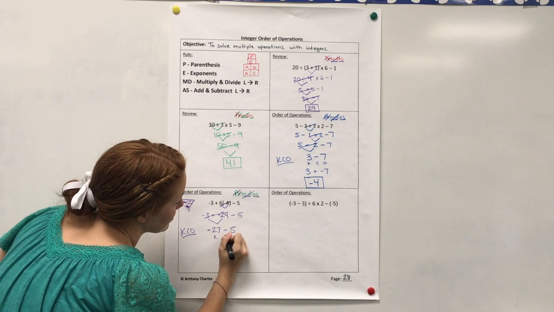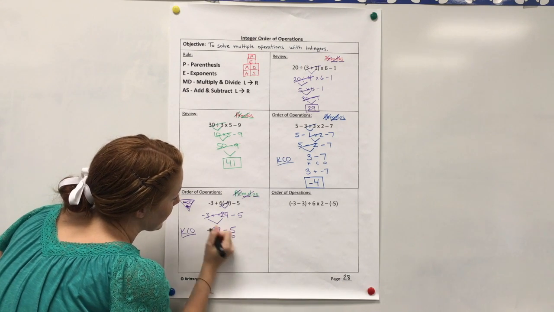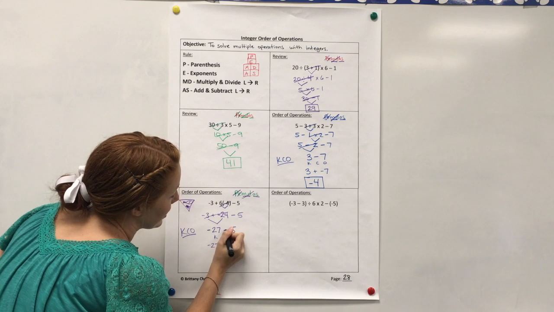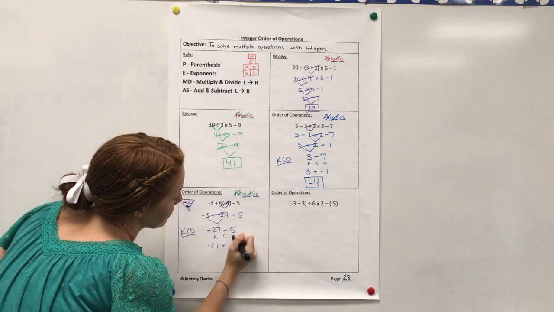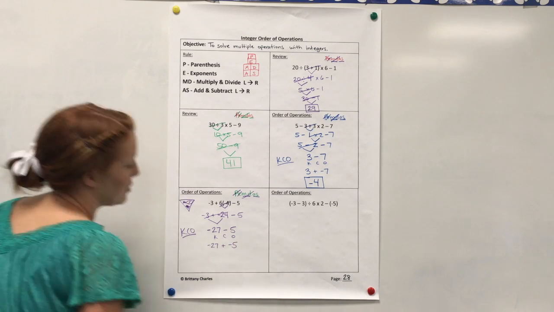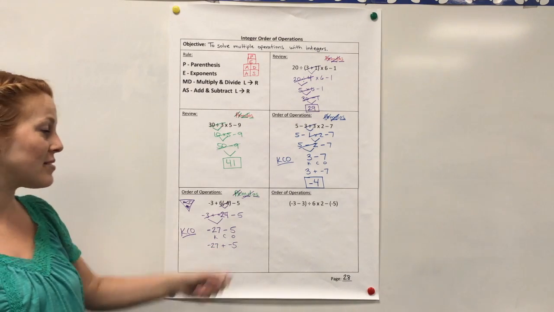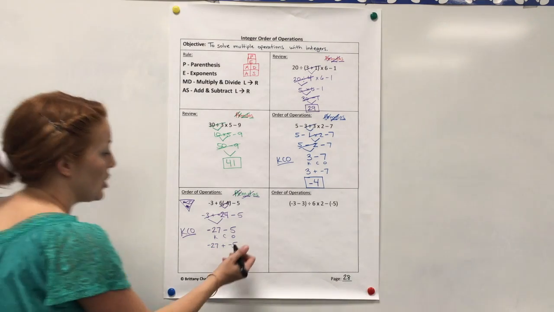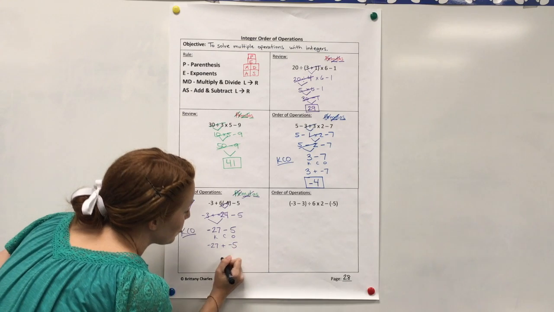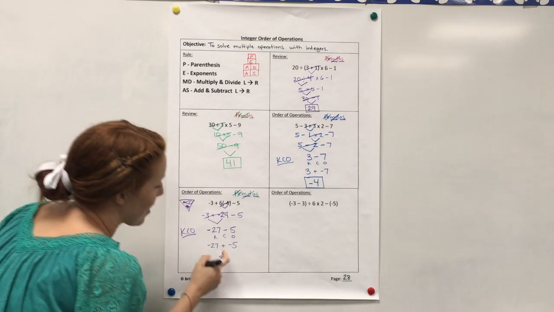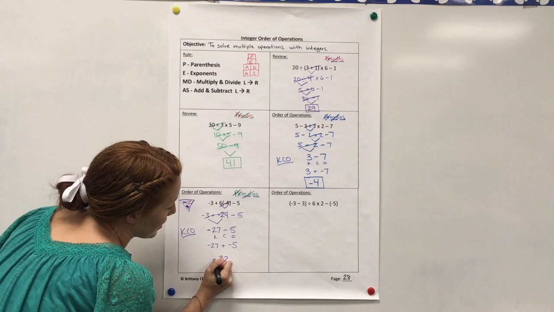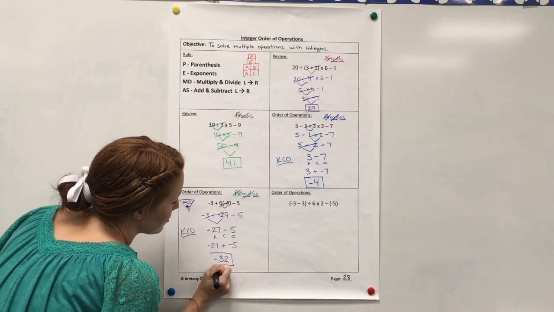I keep the -27, I change minus to plus, I make 5 into -5. Now, same signs, add. So 27, 28, 29, 30, 31, 32. And then they're both negative, so keep the sign: -32.